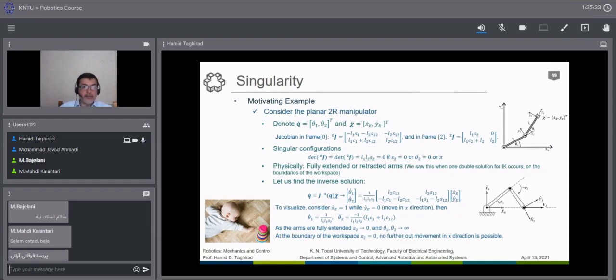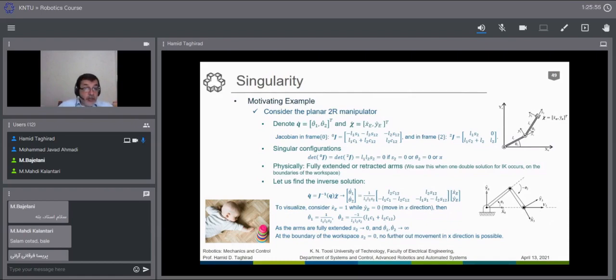If we are losing one direction, does it mean that we are having higher speed in the other direction? Usually this is the case, because you have a limited source of power or energy at the Q. When we transfer it from Q to X by J transpose, if in one direction we are losing, the amount of energy will distribute in the other direction. This might even be good.